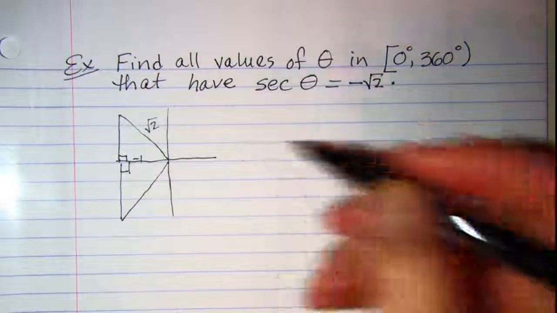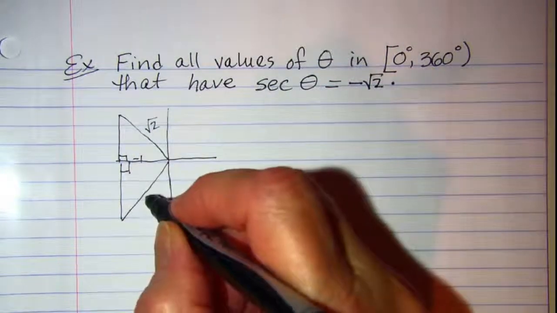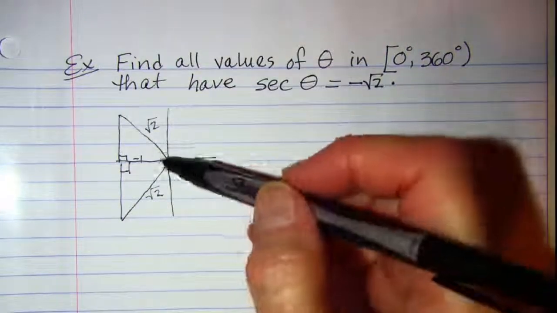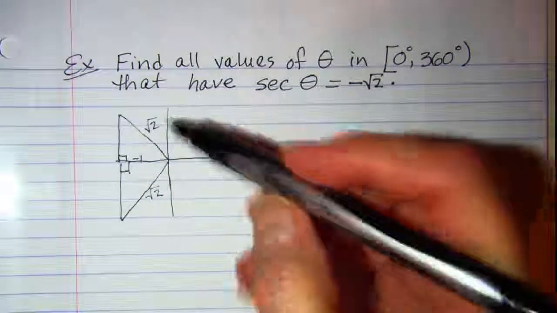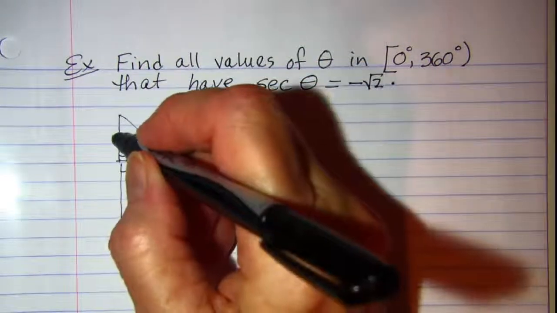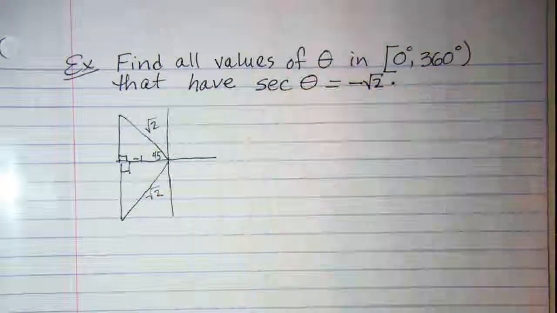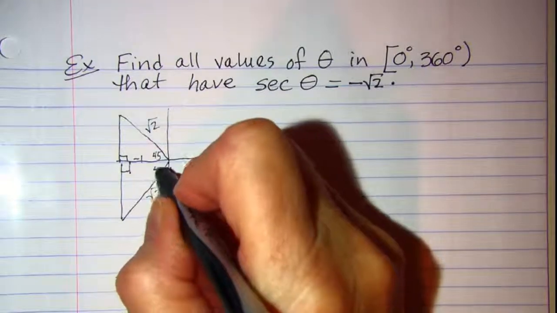So I need to stick my negative sign on the adjacent side. The same way here. Now whenever we have a hypotenuse of radical 2, that means that we're dealing with a 45, 45, 90 reference triangle.